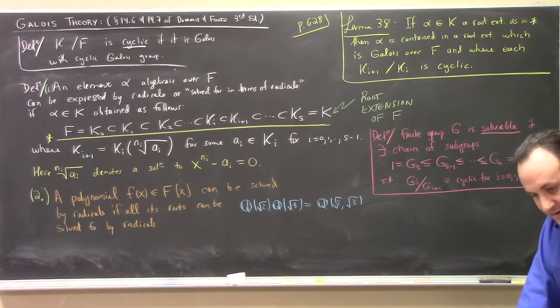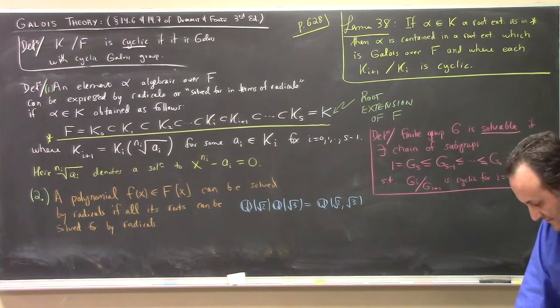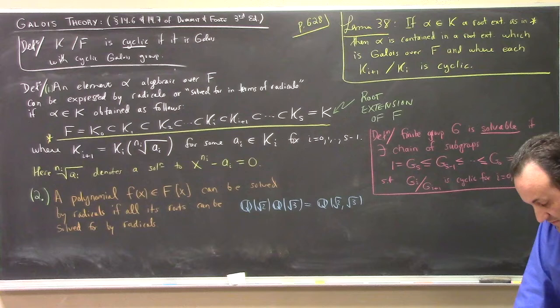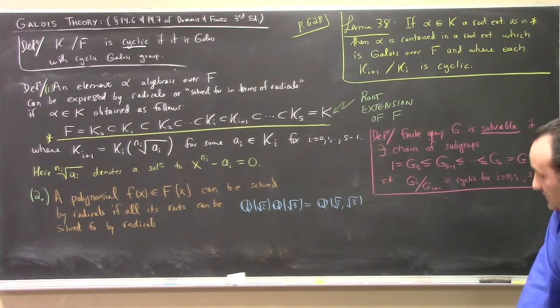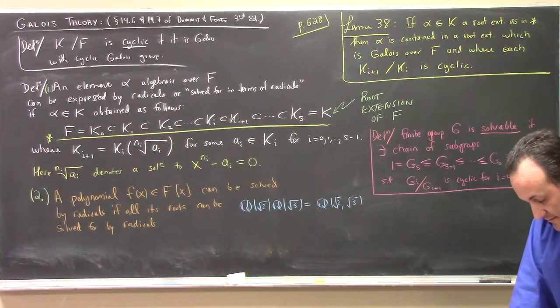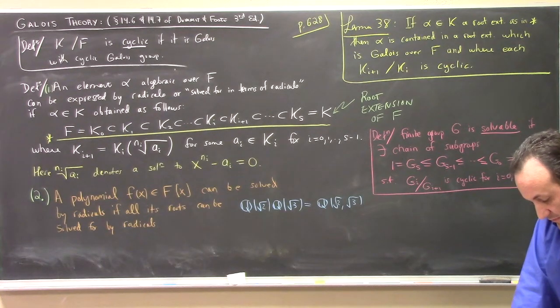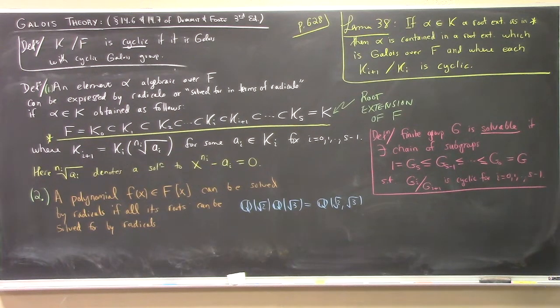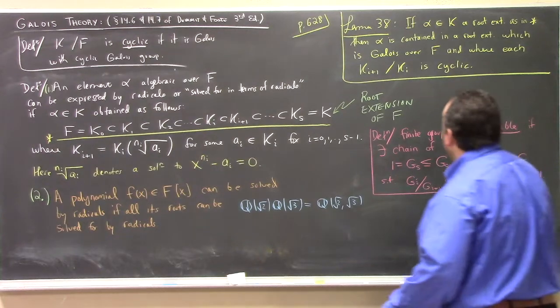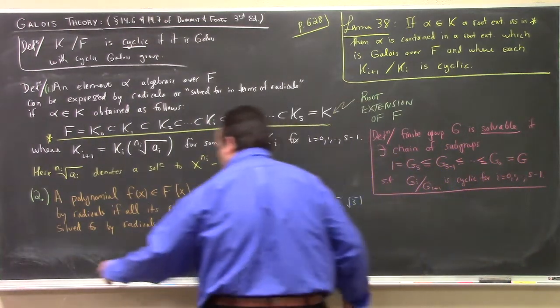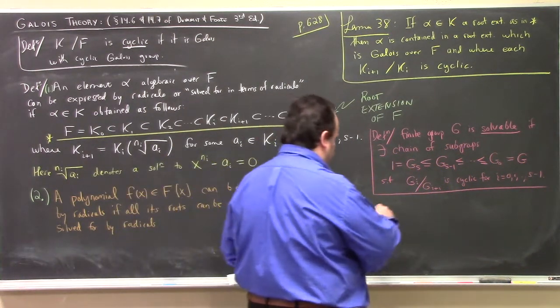But let's not lose sight of the goal here for today. We are almost there. So look at Lemma 38, look at that definition, and what do we have? We have Theorem 39. A polynomial f of x can be solved by radicals if and only if its Galois group is a solvable group. That's the main event right there.